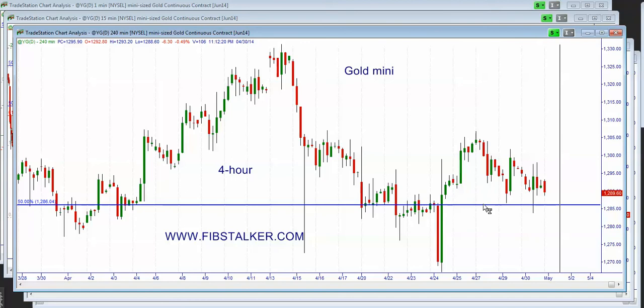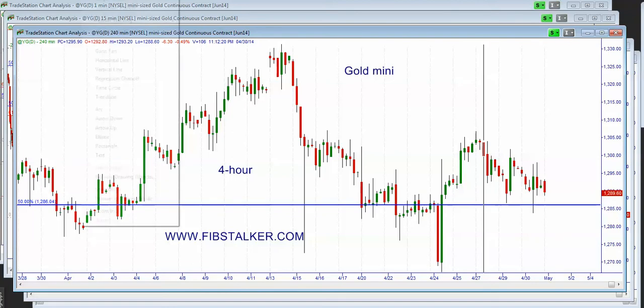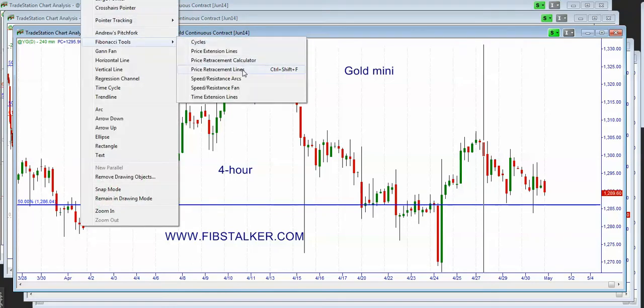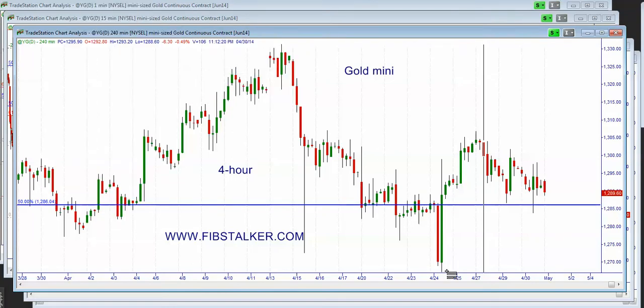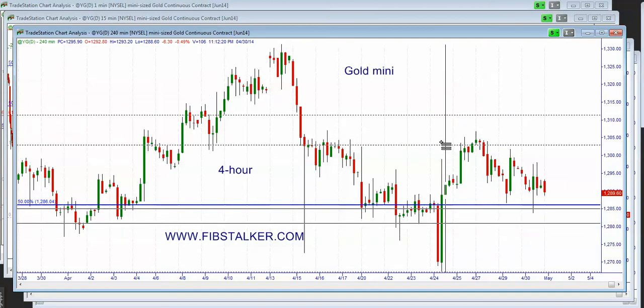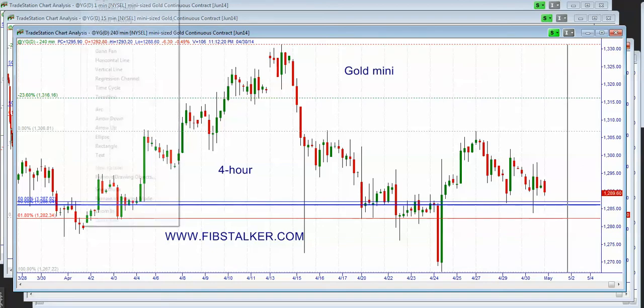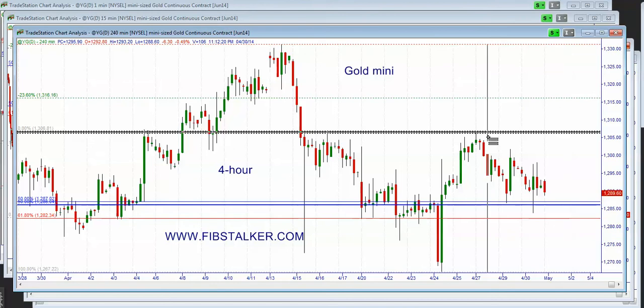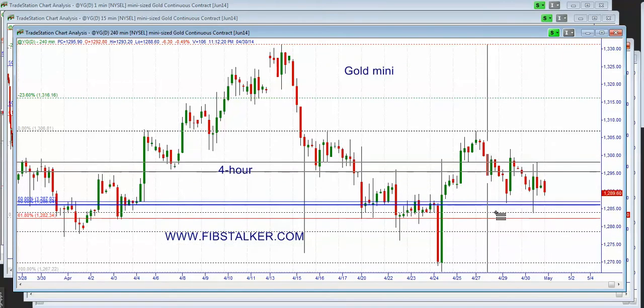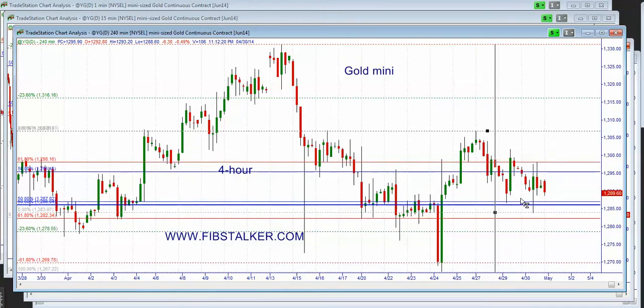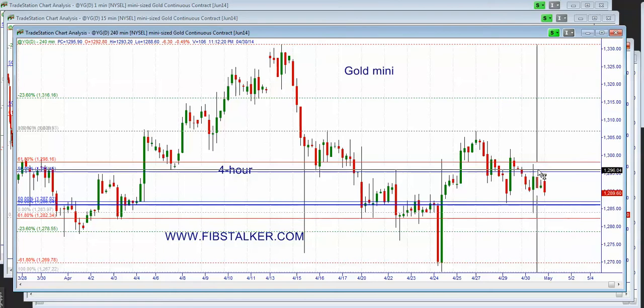There is still this 1286 area which is providing support, and there is also participation from all the way halfway back here. So at the moment this whole area here is still providing support, and I will consider this measured move here from highs to lows. And as you can see, price was not able to make it above 1298.20 here.